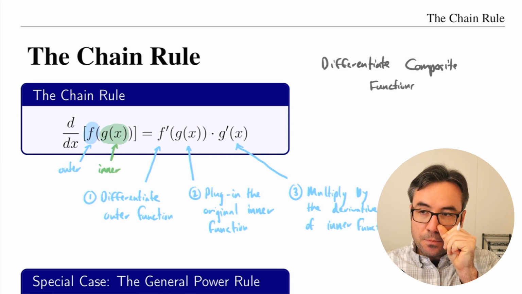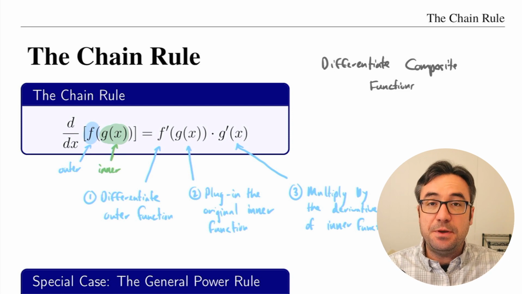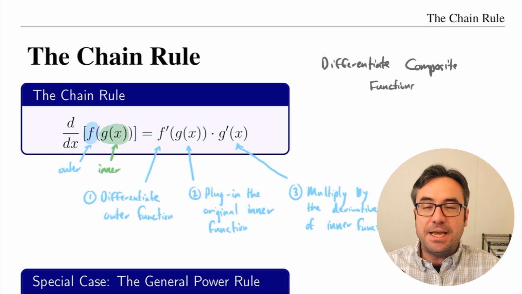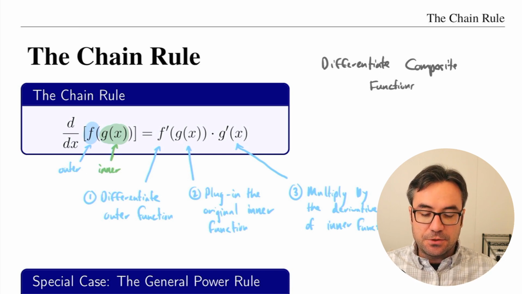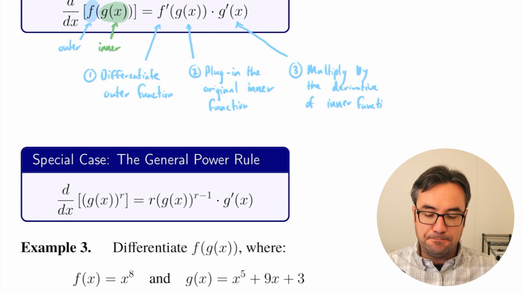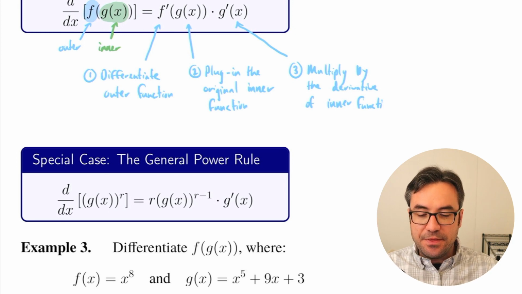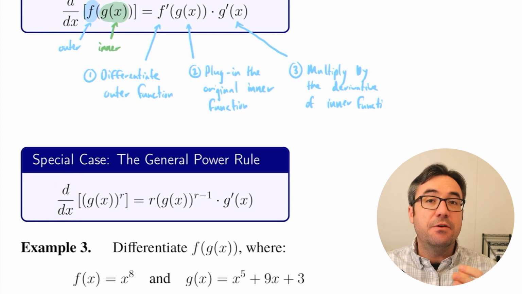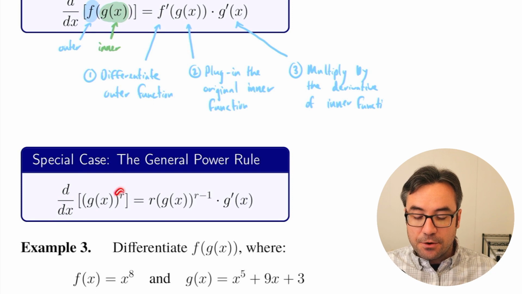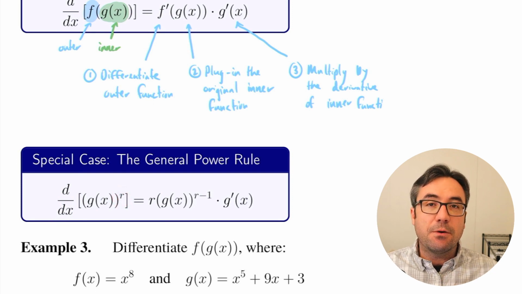We've seen this chain rule before, but we saw a special case of it, and that was our general power rule. In that case, we were differentiating a very specific type of composite function where the outer function was a power function.